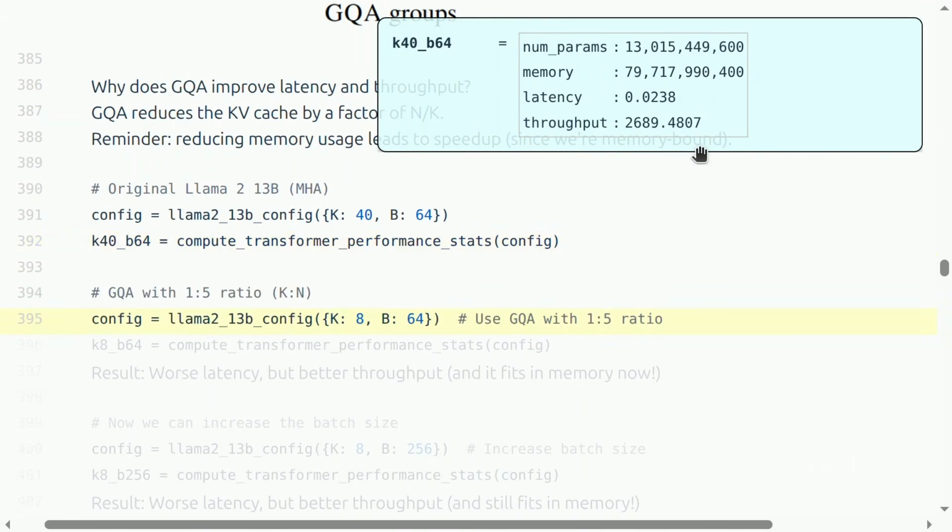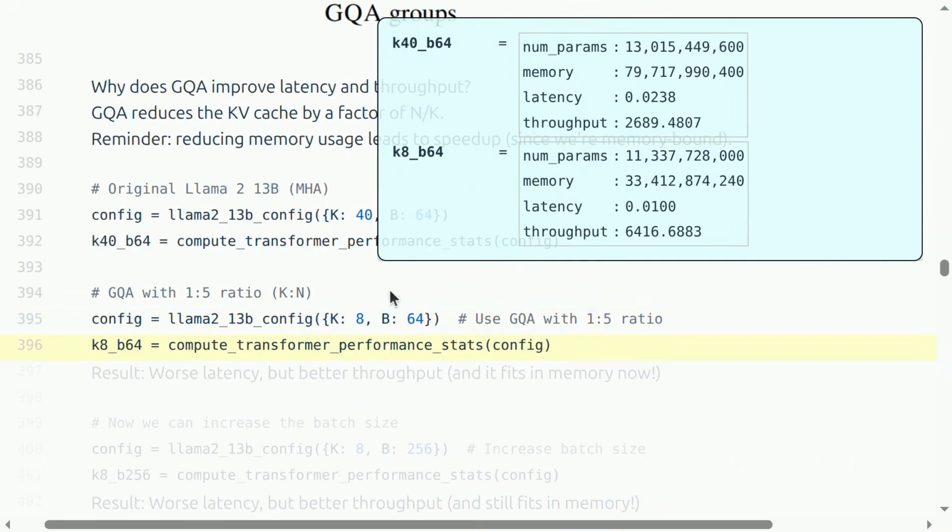Now, if you do GQA, we're going to put in, let's say, a sparsity of 1 to 5. That reduces the memory quite a bit, which in turn improves the latency and also improves the throughput.